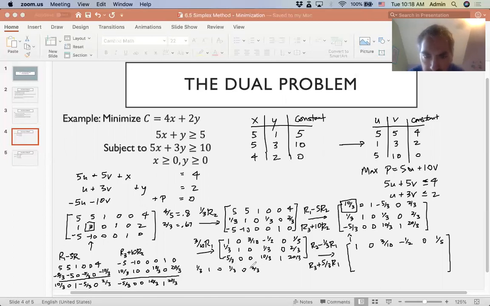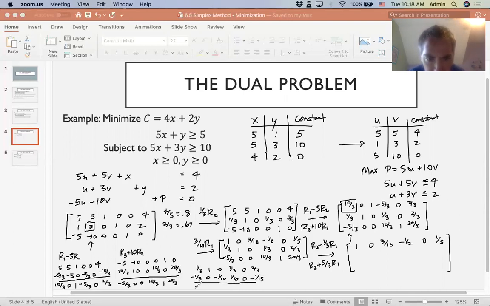And negative 1/3 times row 1 is negative 1/3, 0, negative 1/10, 1/6, 0, and negative 1/15.